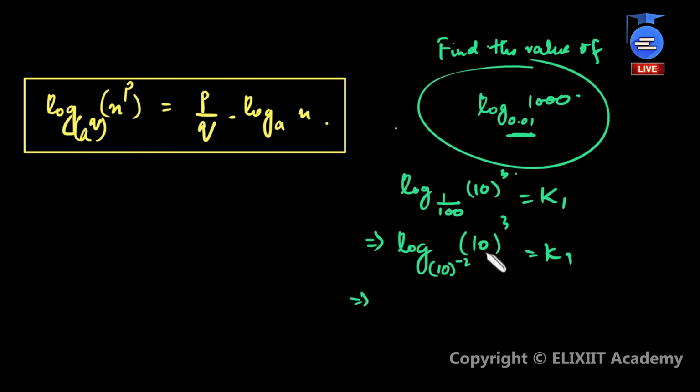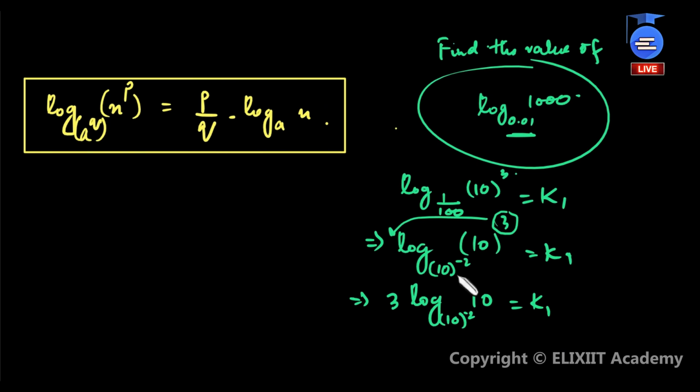If we have powers over here as well as powers over here, first of all this power comes down. So we have 3 log 10 base 10 to the power minus 2 equals k1.